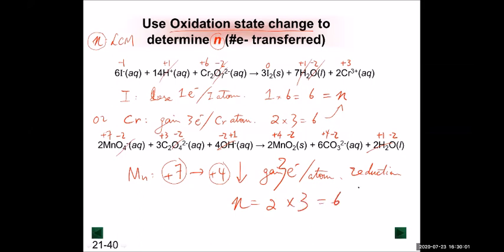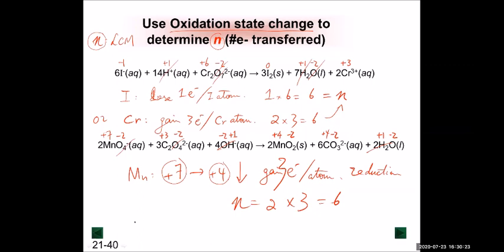So for this half reaction, manganese gained 6 electrons, which is the number of electrons transferred. Where does the electron come from? Manganese takes those 6 electrons. These electrons should come from the carbon.